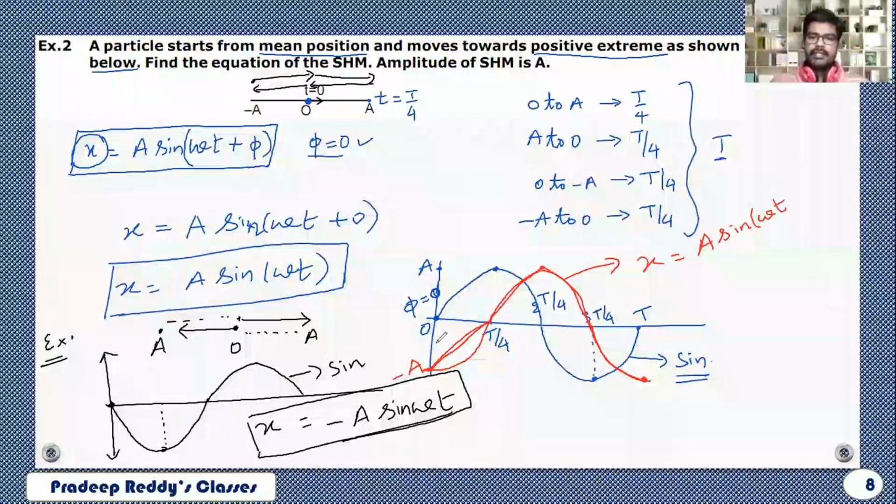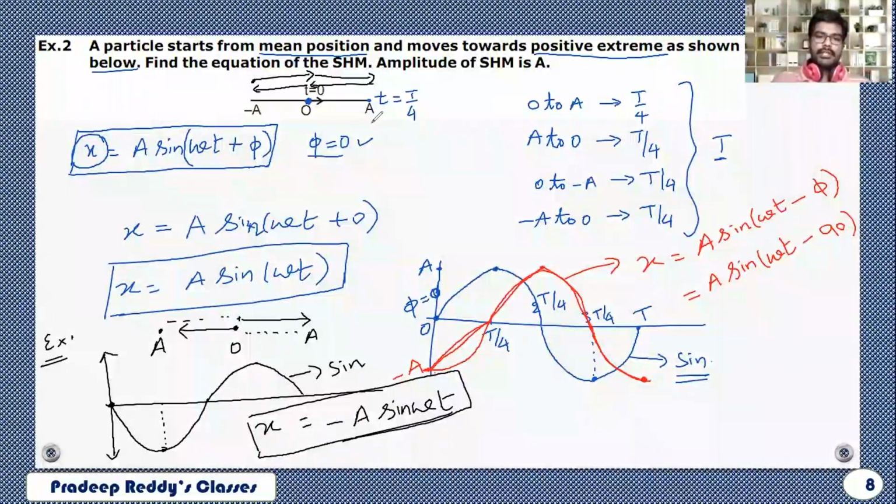Therefore initially there is some phase difference between mean position and extreme position. Therefore I will write it as minus pi. Initial phase is not 0, and initial phase between mean position and extreme position is 90 degrees. So I can write it as a sine of omega t minus 90. Right?